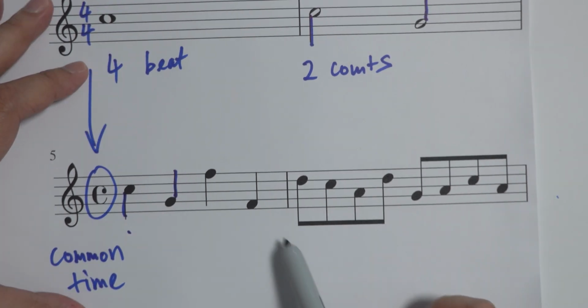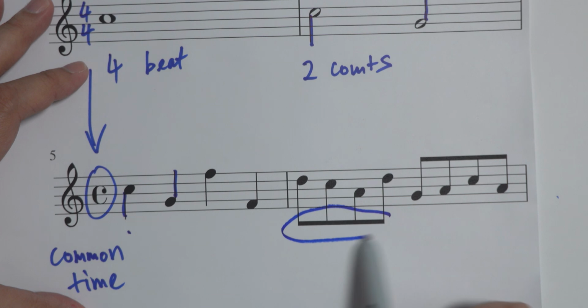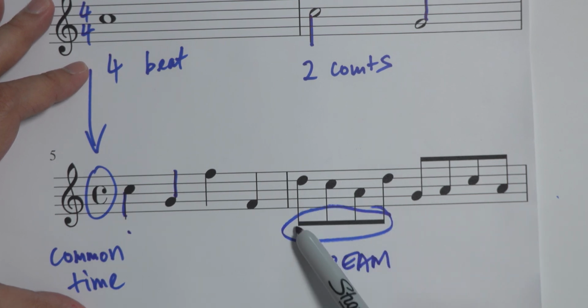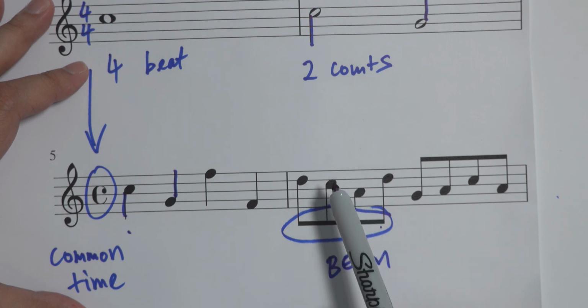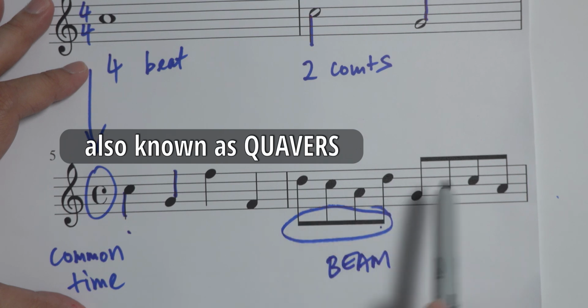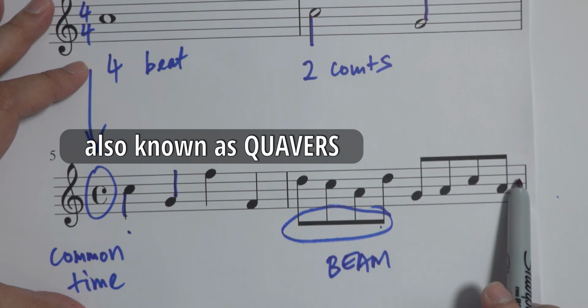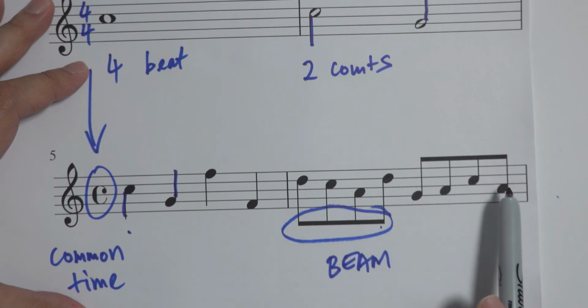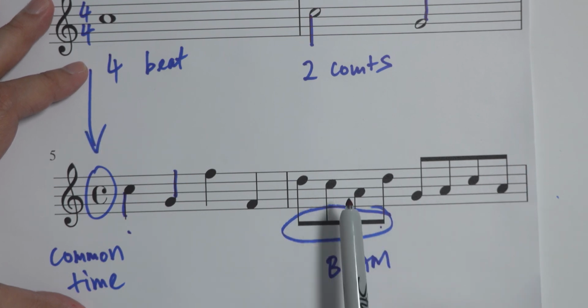Finally, we get to this part here, which has a beam. In addition to the note head, which is dark, we have a stem as well as being connected by a beam. And these are half-count notes. Therefore, in a bar of a 4-count duration, there will be 8 of these in an entire bar because each of these is half a beat.